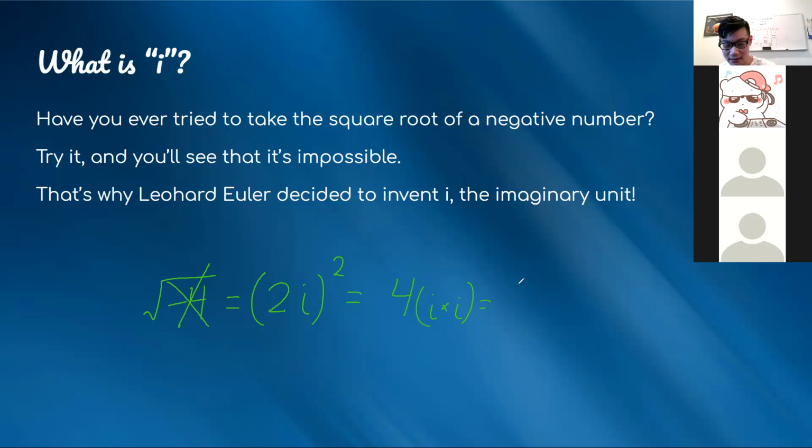And i times i is the same thing as i squared, right? And remember the rule earlier that I just mentioned, i squared is negative 1. That's the definition of i. So here we can see that it's 4 times negative 1, which equals negative 4, which is what we were trying to find the square root of in the first place, right?